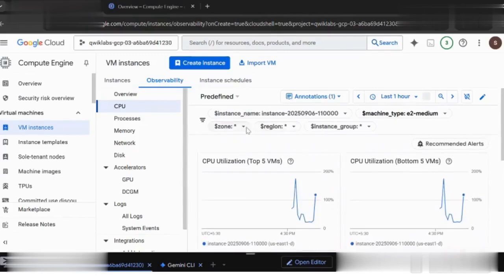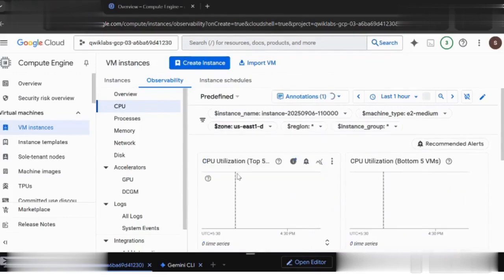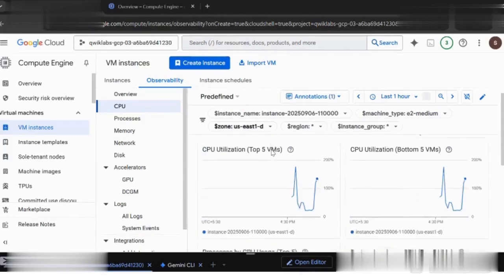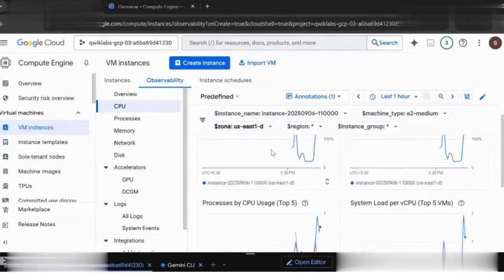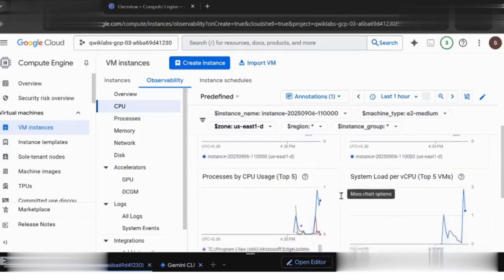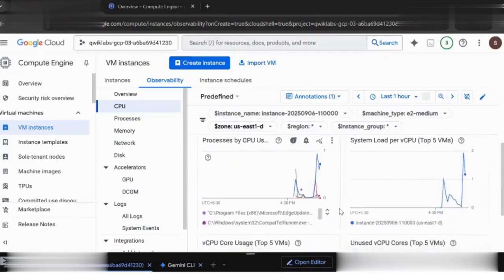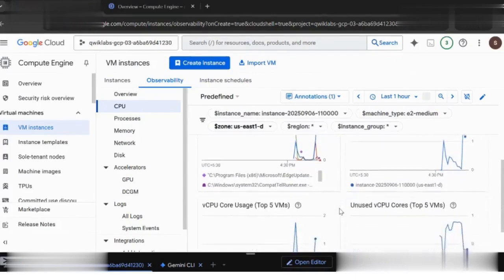Next, we add a filter for zone. For us, it will be US East 1d. Notice how the graphs adjust to show only virtual machines in that zone, reflecting localized workload patterns.